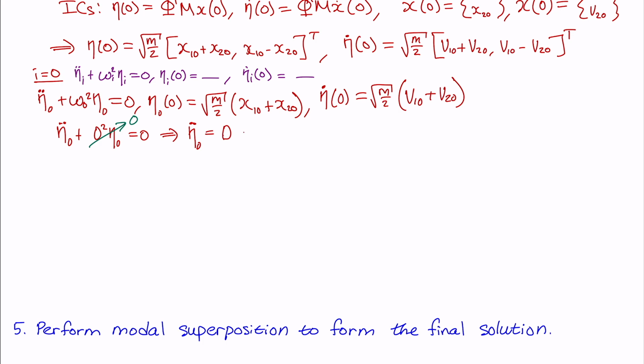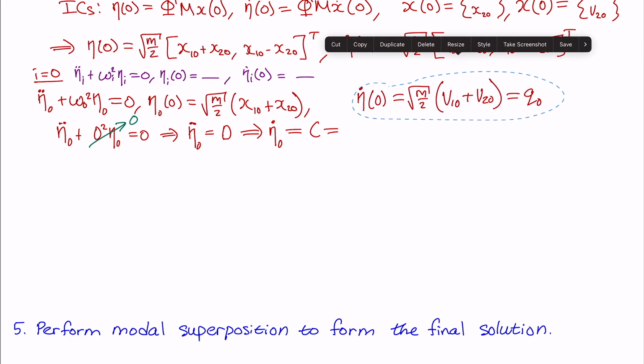You can integrate both sides with respect to time, and then you'll find here that eta 0 dot is equal to some constant, just say c here. This is going to end up equaling the initial velocity term. I'm going to call this q0 just to save some space.